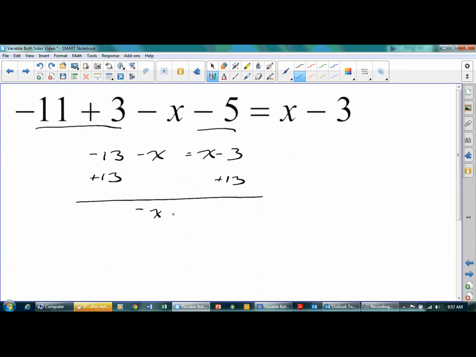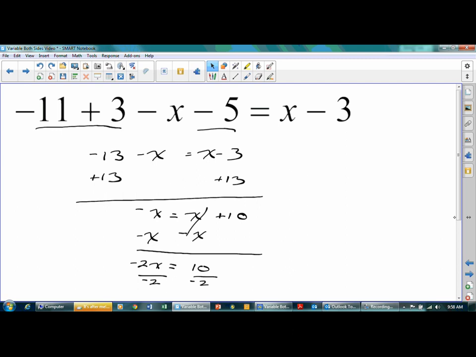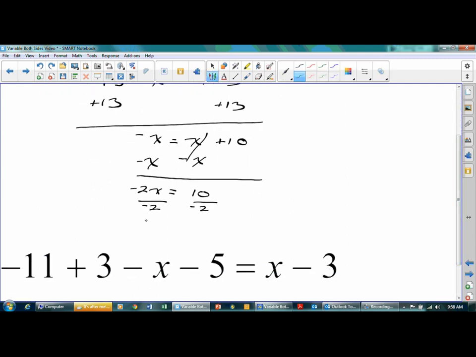So I get negative x equals x plus 10. Now I want my x's over here, so I subtract x. Since I moved the 13 to the right, my variable has to go to the left. And so this becomes negative 2x is 10, so I divide by negative 2. x is negative 5.